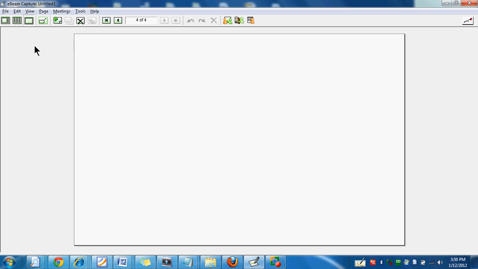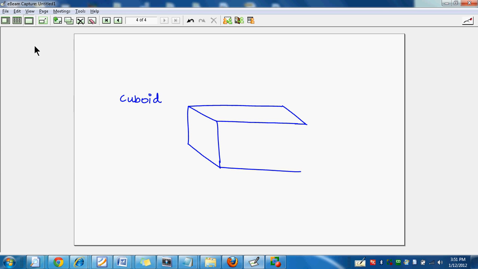Right, the next prism that we will look at is a cuboid. So what we have on the board there is a cuboid.